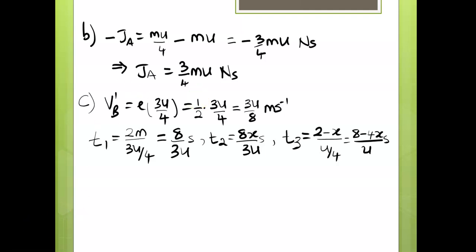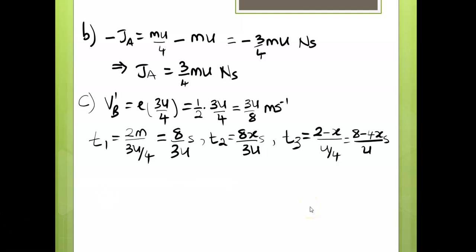We know that speed is distance over time, which implies the time is distance divided by speed.